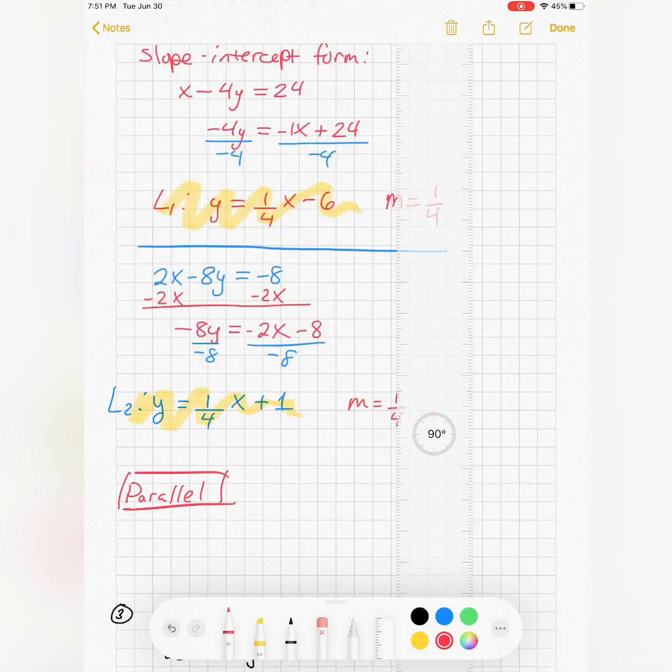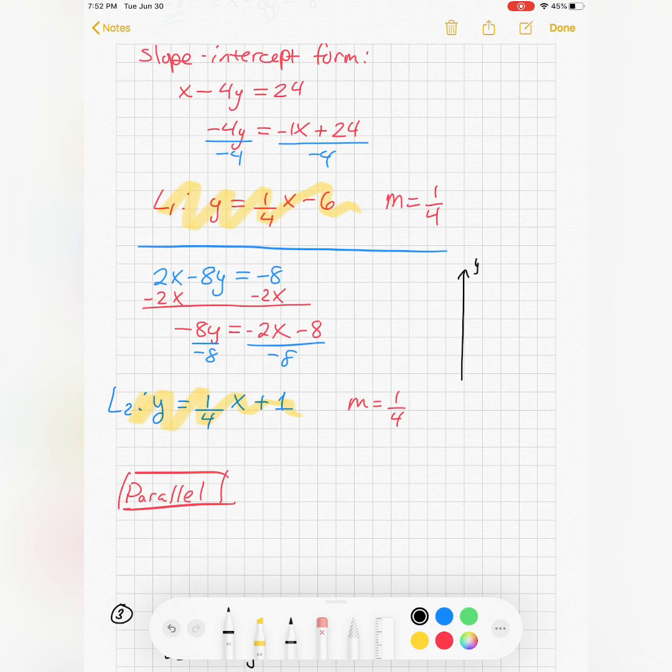Do I want to graph them? I guess not. I'll just do a really rough sketch, not to scale. If I look at this guy, the y-intercept is down here, 0, -6.